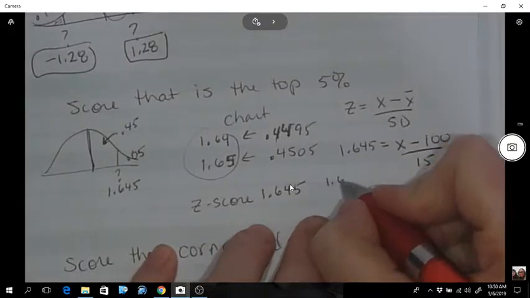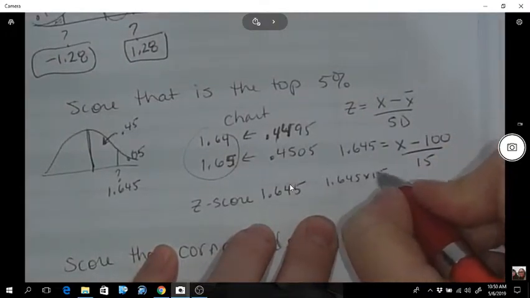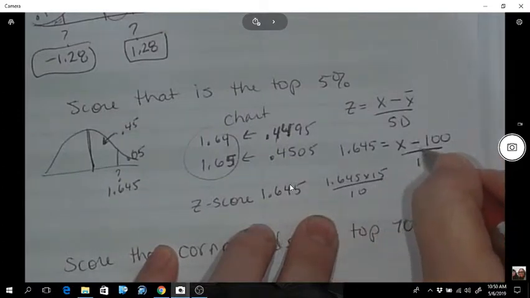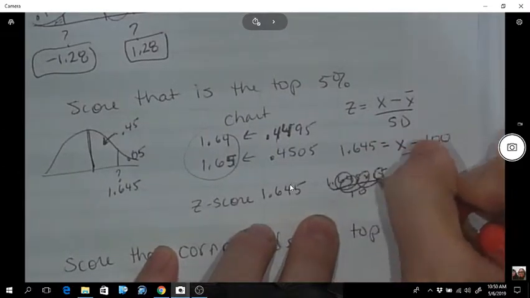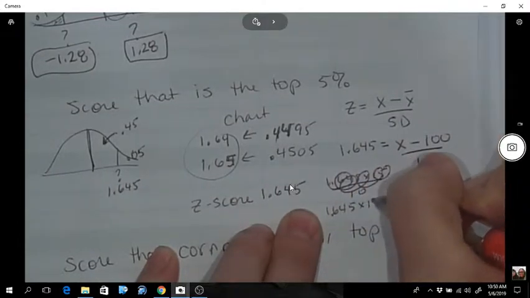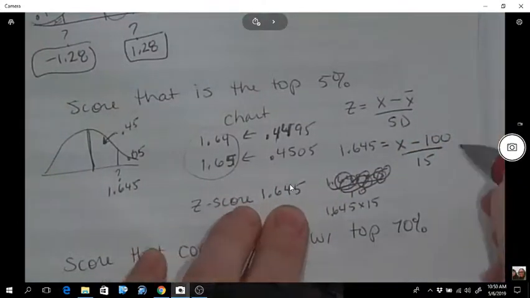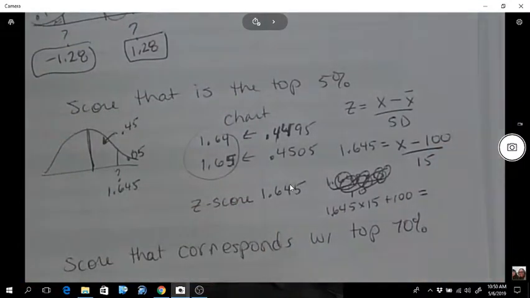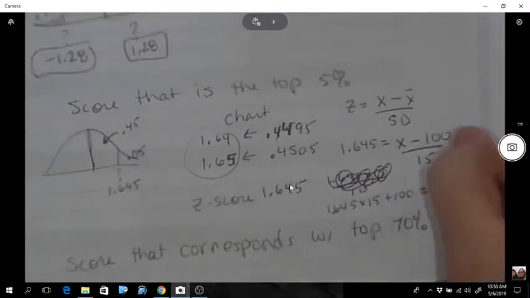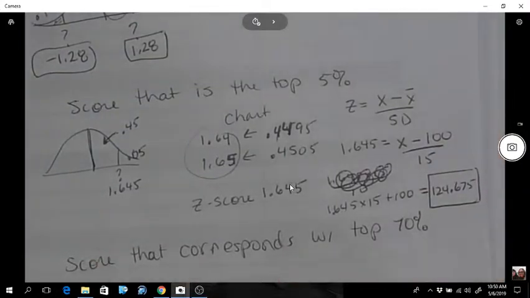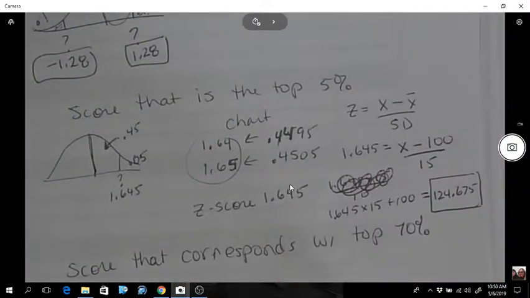I'm going to times by 15 and then I'm going to add 100. And that's going to give me 124.675. So that's what the score would have been.